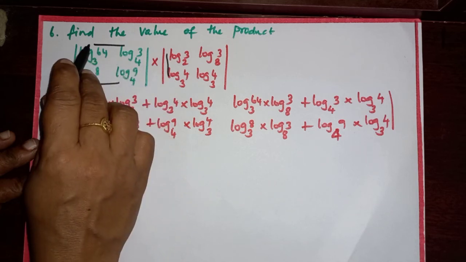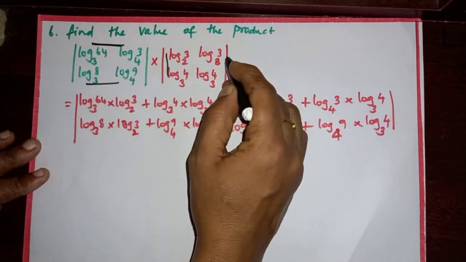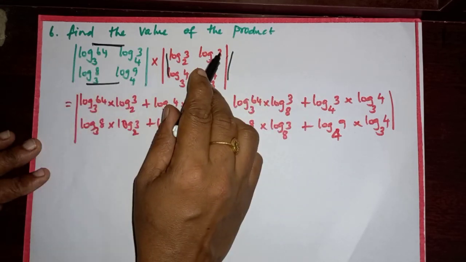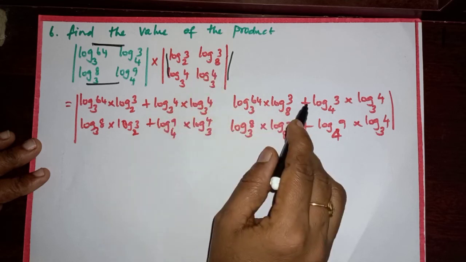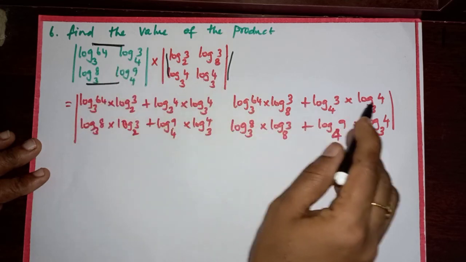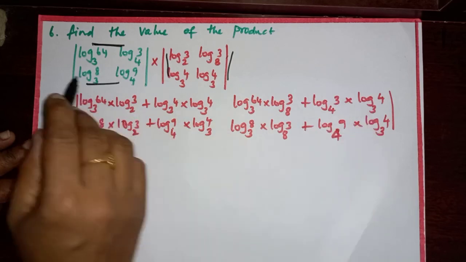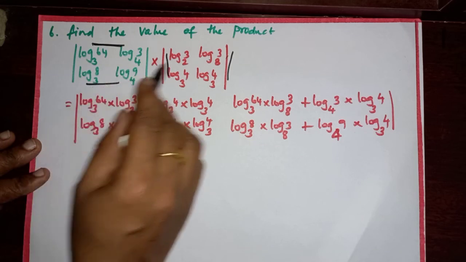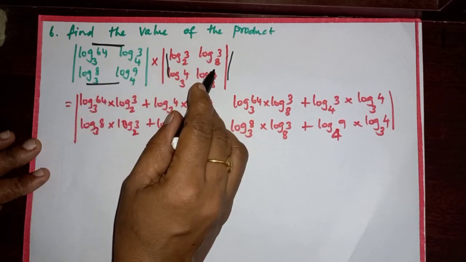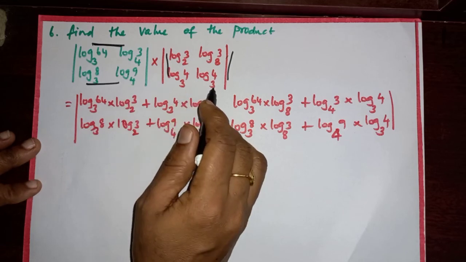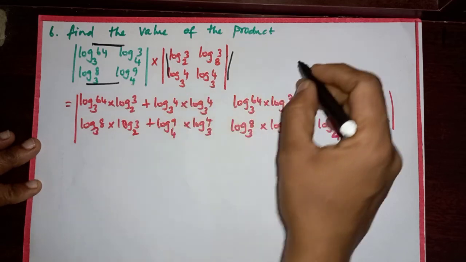Next, first row with the second column: log 64 with base 3 into log 3 with base 8 plus log 3 with base 4 into log 4 with base 3. Now, second row with second column: log 8 with base 3 into log 3 with base 8 plus log 9 with base 4 into log 4 with base 3.